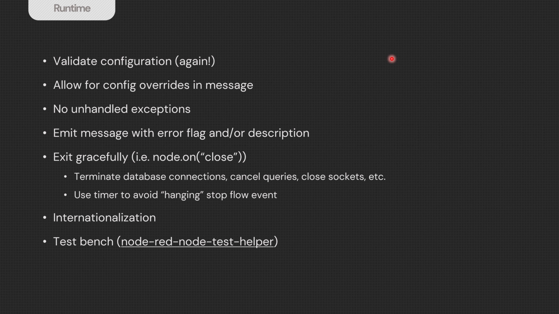Something that I really like is to be able to override pretty much anything on the configuration that you select in the UI with messages. This allows for incredibly powerful dynamic programming.